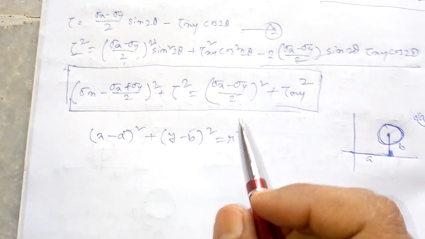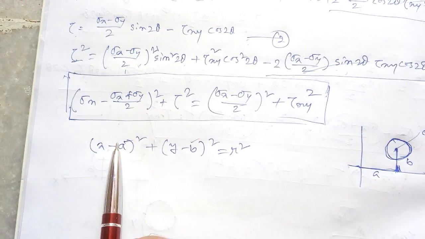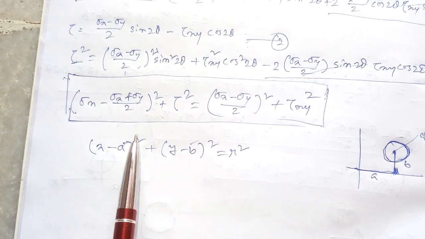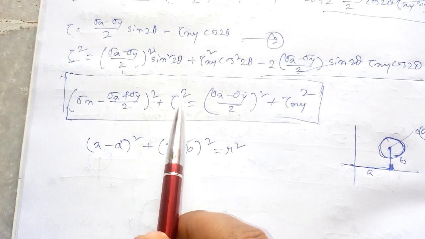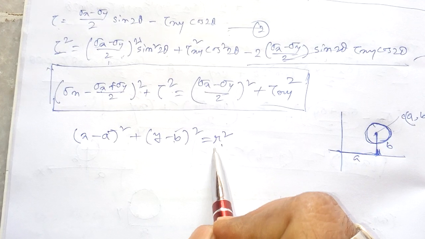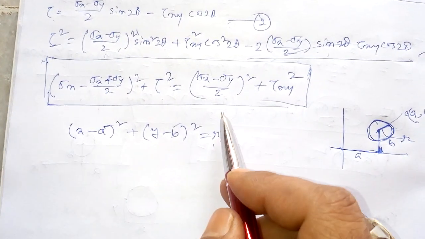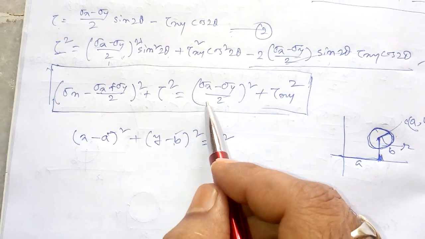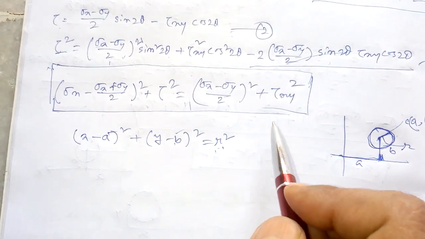So if you look closely, we can see that this is also a circle equation, where the b value is equal to 0, we can say, right? And the r value, r is the radius. For this circle, the radius is equal to the root of this.